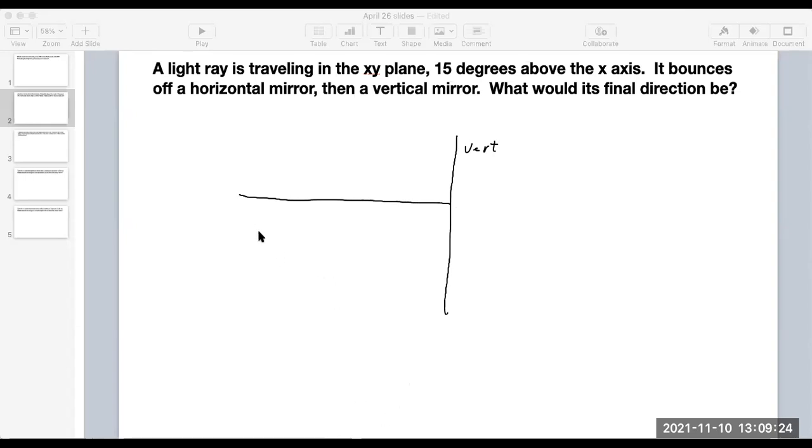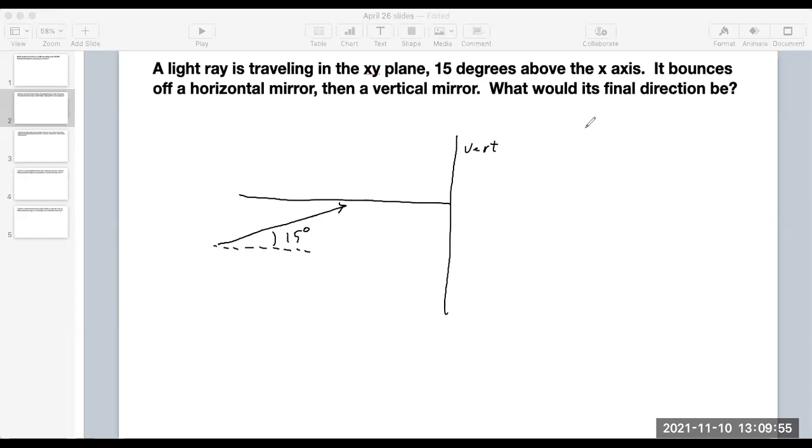So our light ray coming in is going to be 15 degrees above our x-axis. So what will its final direction be? To work through it, you can start by just drawing a simple picture and you'll probably get the right answer.